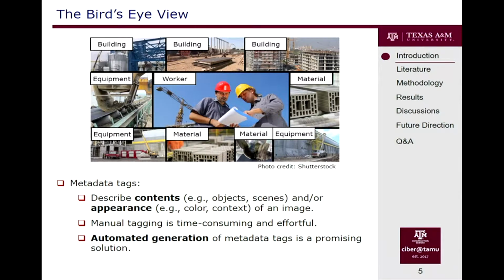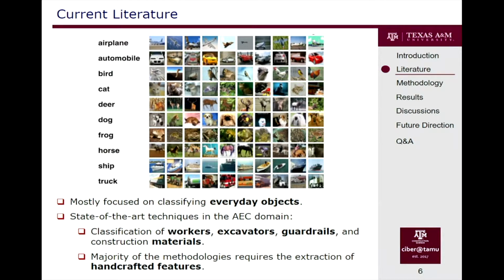So here are some examples of images taken from construction job sites, and in each image, the object of interest could be tagged as part of the metadata tagging. A look at the current literature, which is mostly done outside the domain of construction, shows there is work where people tag objects, and there are machine learning and computer vision algorithms that help you tag these images automatically.